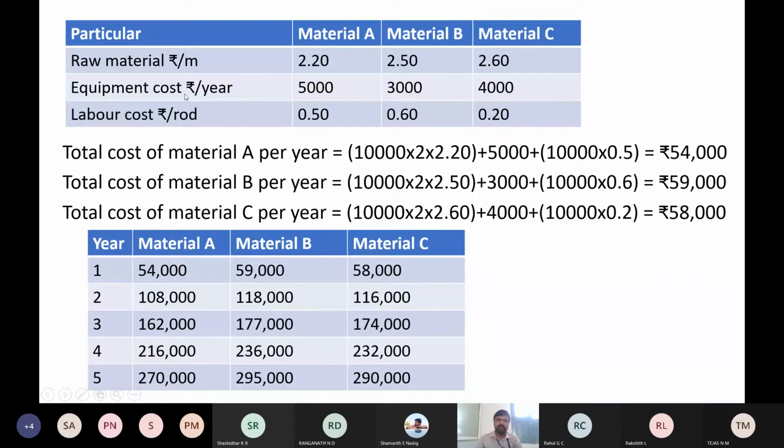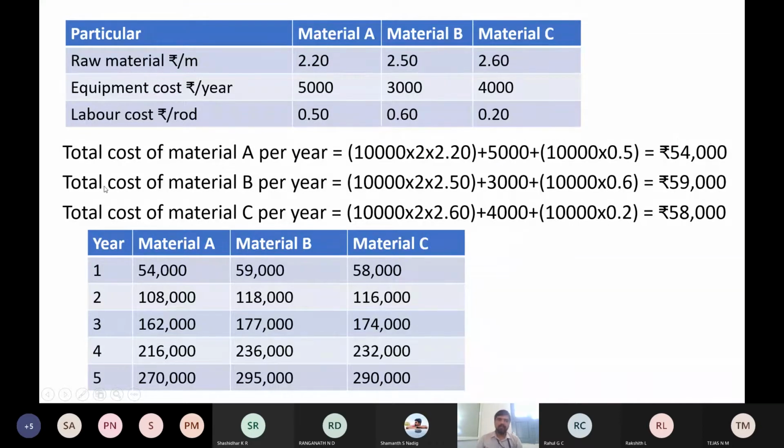Next, equipment cost, it is already per year, so we are directly taking it as 5,000. Then plus labor cost is 50 paisa, that is 0.5 rupees per rod. So here per year company is manufacturing 10,000, so 10,000 into 0.5 will give you labor cost per year. So overall, total cost of material A is 54,000.